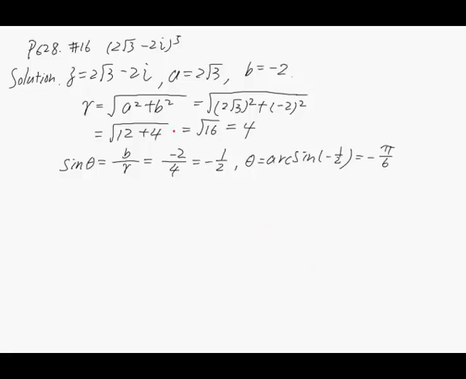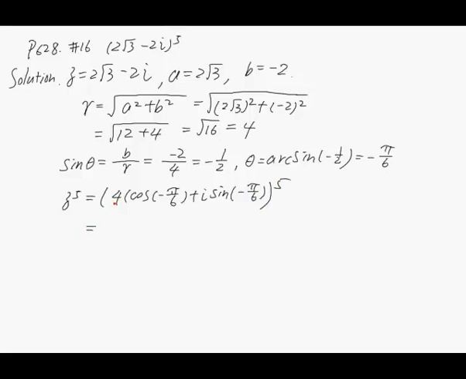So now we may rewrite z to the fifth as the fifth power of this complex number in the trigonometric form. So first we get the modulus 4 times (cosine theta, where theta is equal to negative pi over 6, plus i times sine of negative pi over 6), to the fifth power, right? So now we can use the de Moivre theorem.